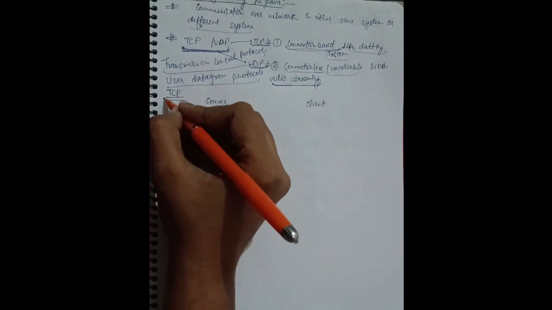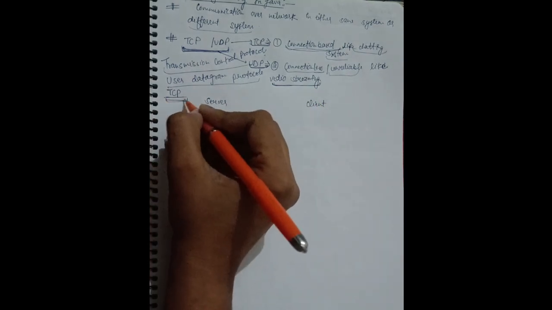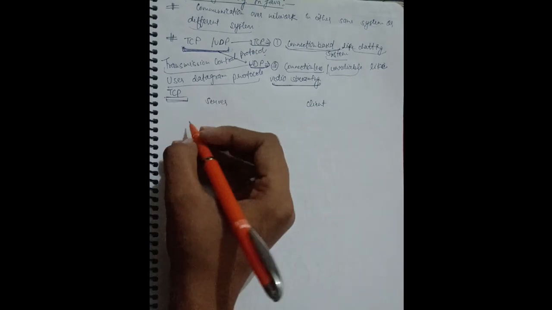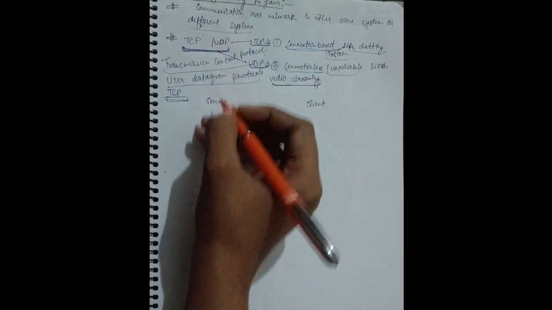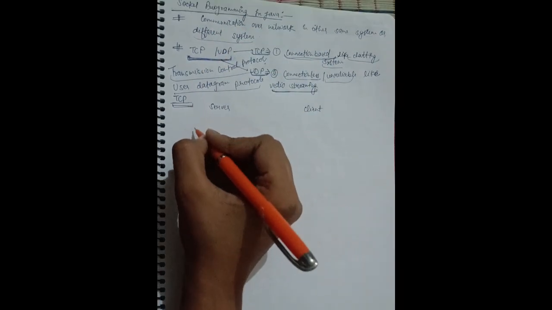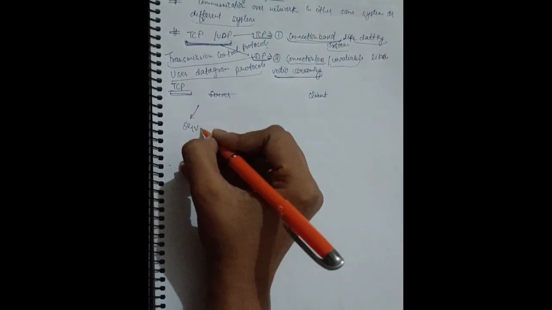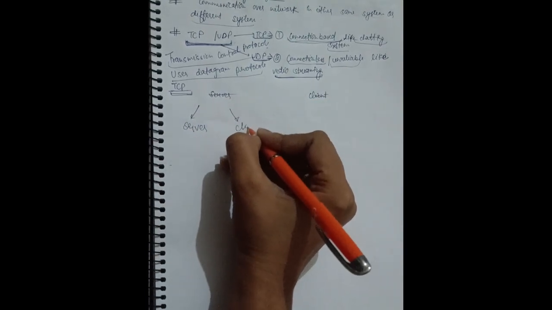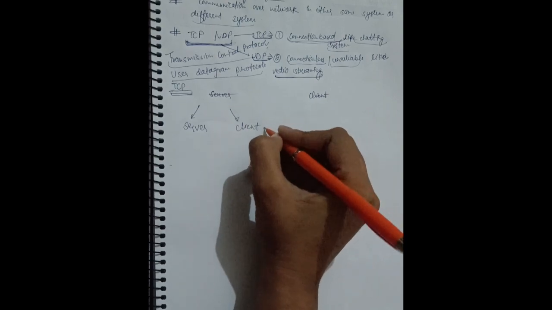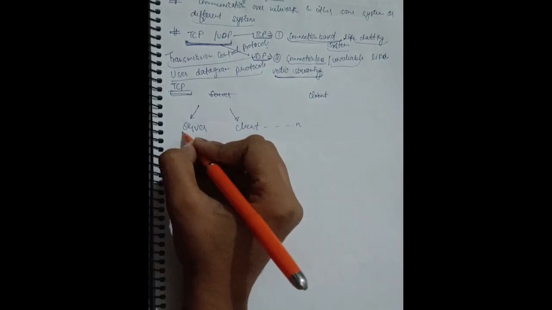For the TCP example of socket programming, there is a server and a client. There can be multiple clients, but there is one server.